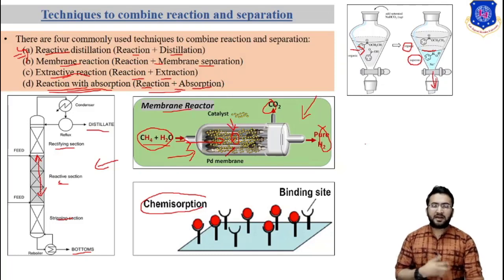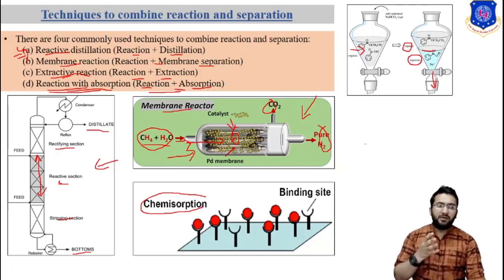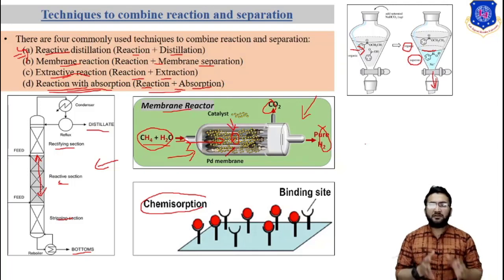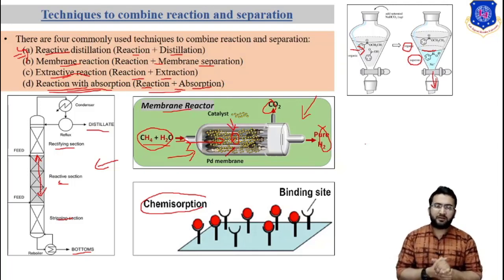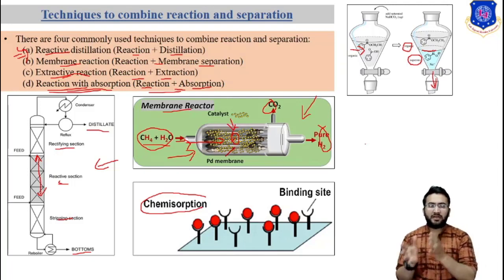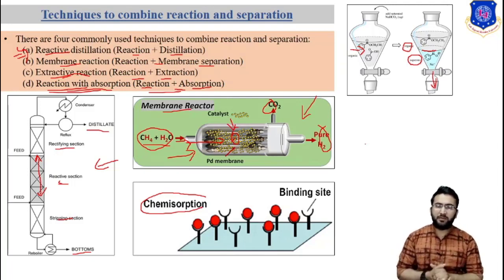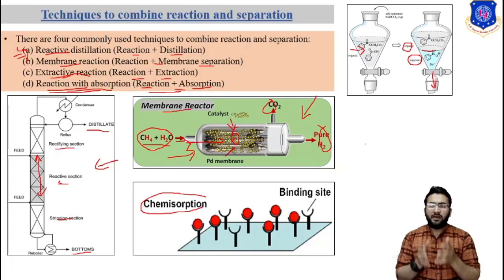Nowadays, this technique is being successfully applied to processes like the synthesis of methyl tertiary butyl ether, known as MTBE, and ethyl tertiary butyl ether, known as ETBE, the selective hydrogenation of butadiene in C3-C4 streams, and also the synthesis of ethyl propionate and methyl acetate.